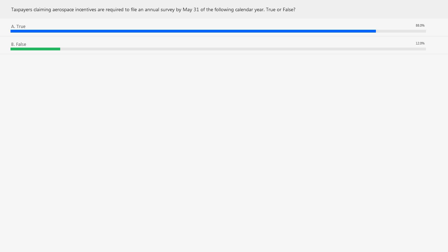The statute of limitations is 4 years plus the current tax year. So right now you can go back to the 2015 tax year. If you've been filing your surveys each year, you can currently go back to the 2015 calendar year and claim an overpayment of tax in a refund claim or through filing amended returns.